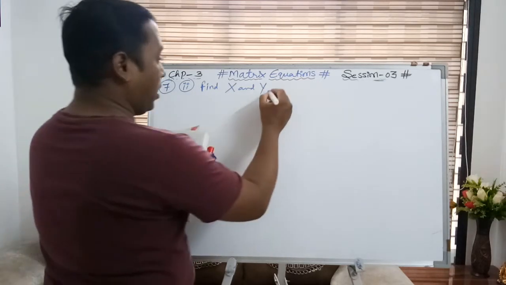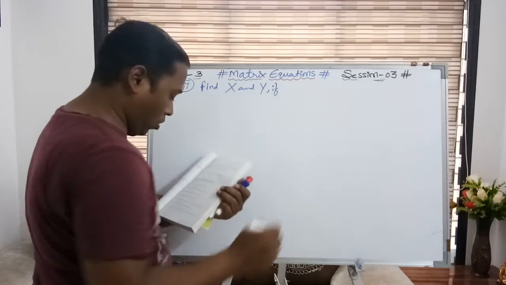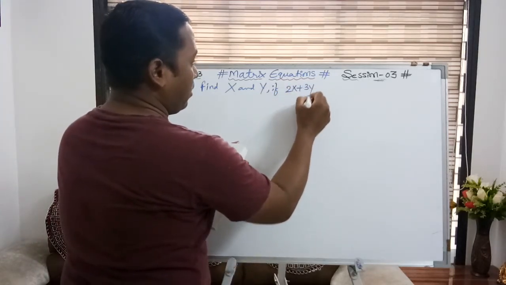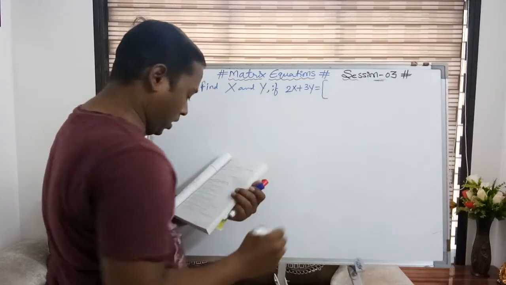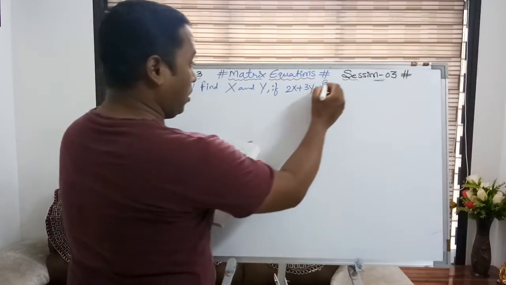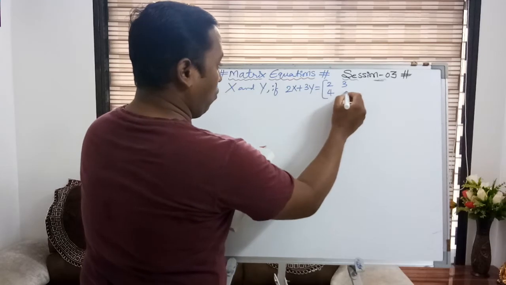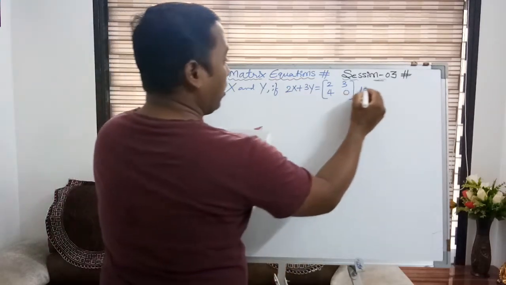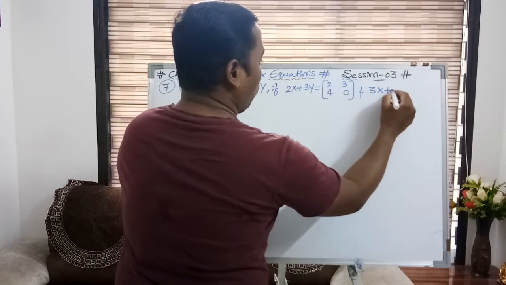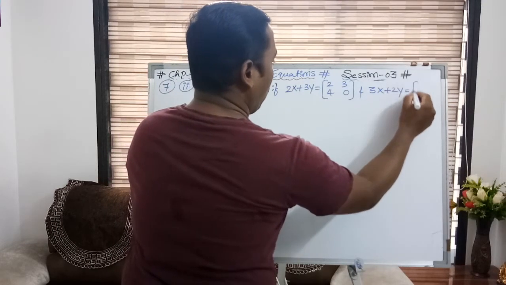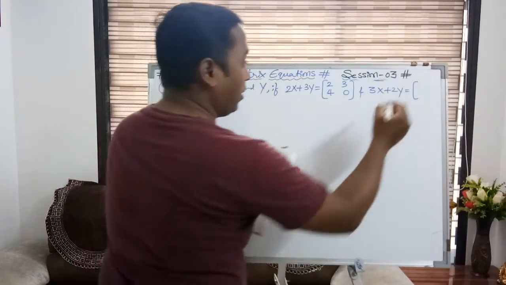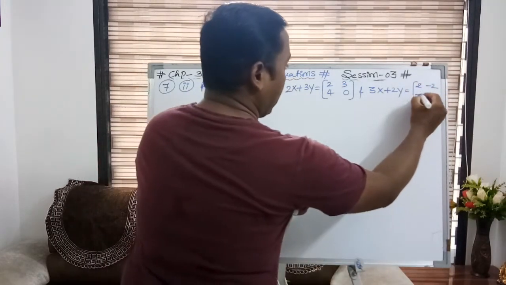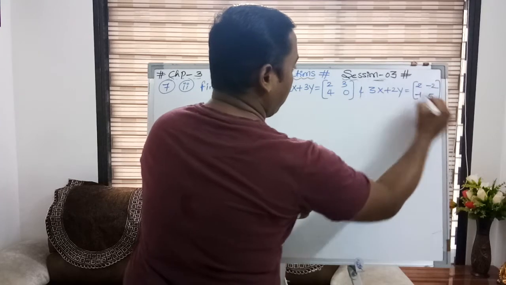What they have given: 2X plus 3Y is equal to a matrix 2, 3, 4, 0, and 3X plus 2Y is equal to a matrix 2, minus 2, minus 1, and 5.